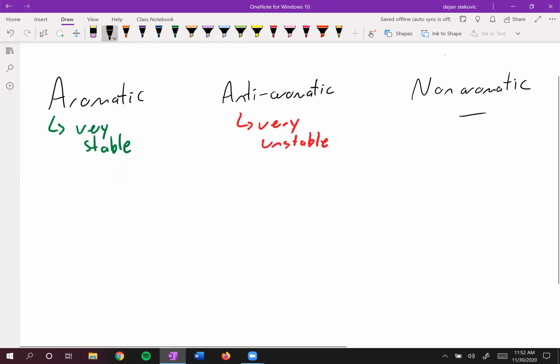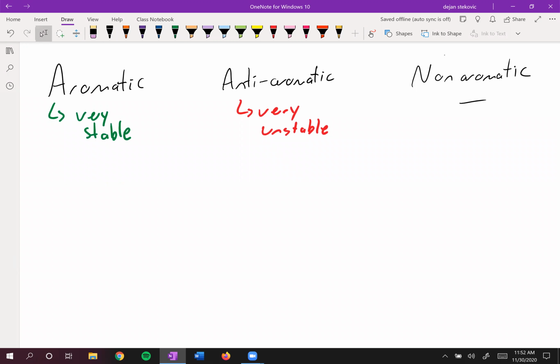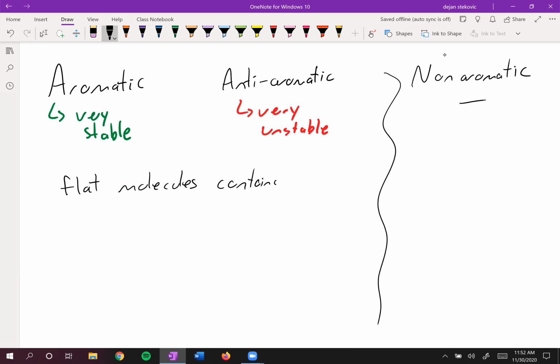And aromatic and anti-aromatics have very similar qualities, except for one main difference, right? Both aromatic and anti-aromatic systems are flat molecules containing a continuous ring of conjugated pi bonds.